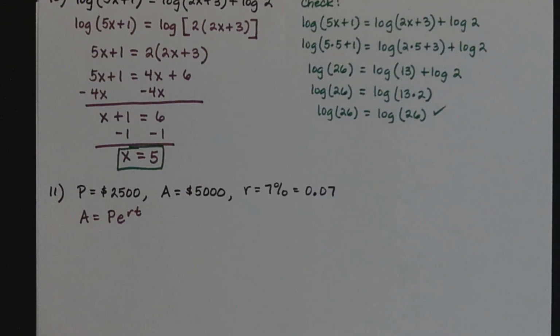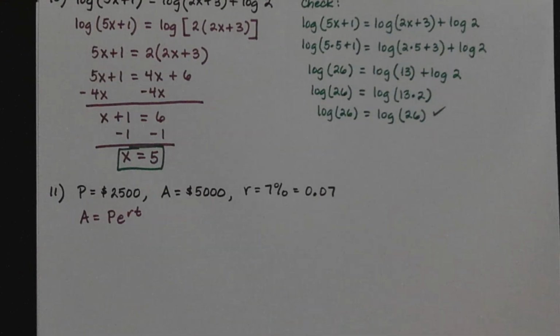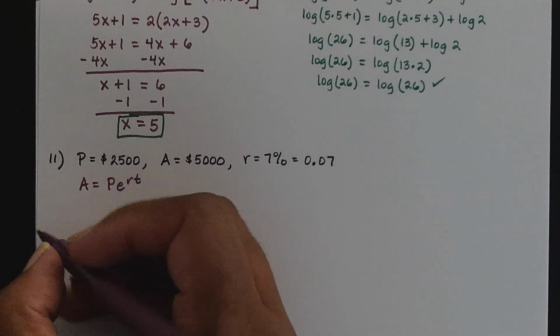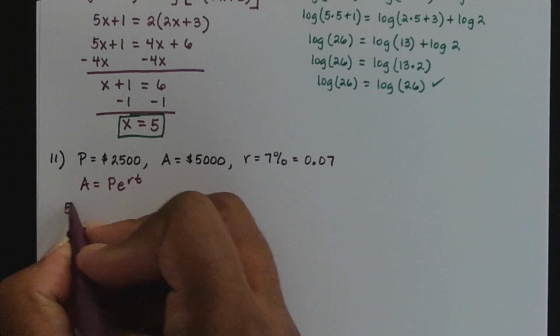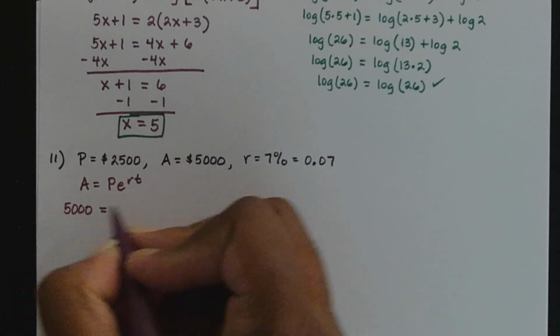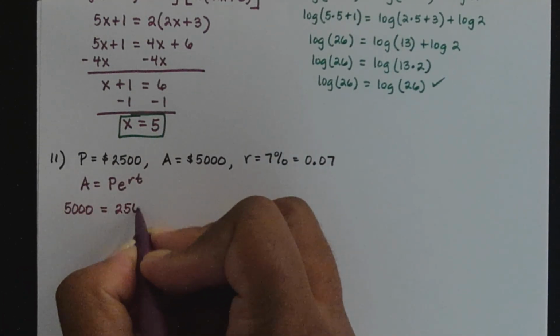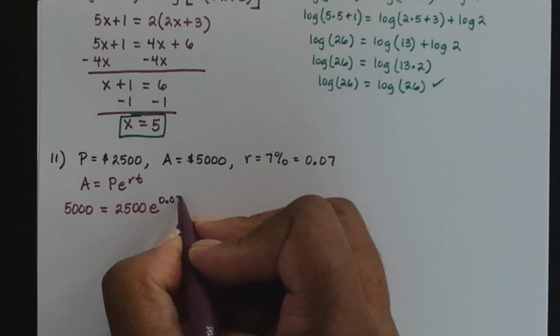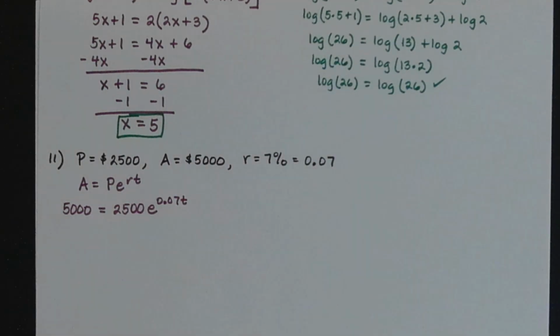And then just substitute. Our A, which is 5,000, is equal to P, that's 2,500, times e to the R, that R is 0.07, times T. T is what we're trying to find here. So here's our exponential equation that we have.